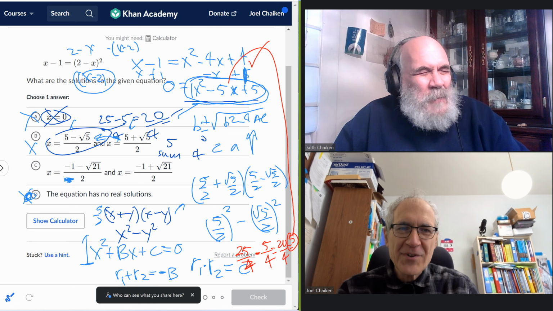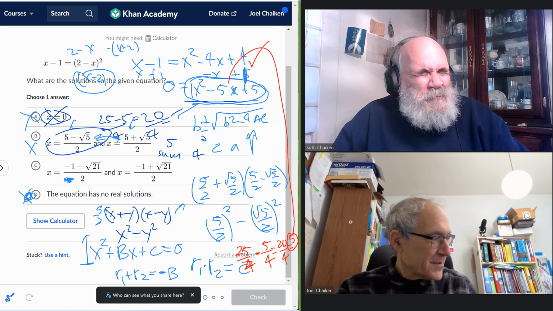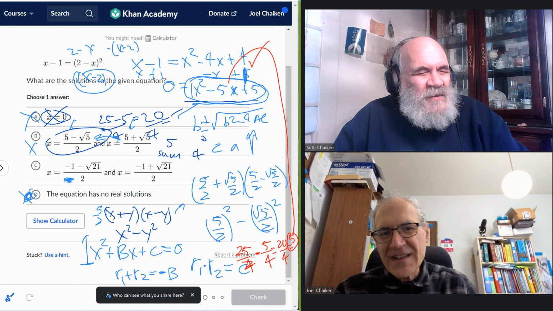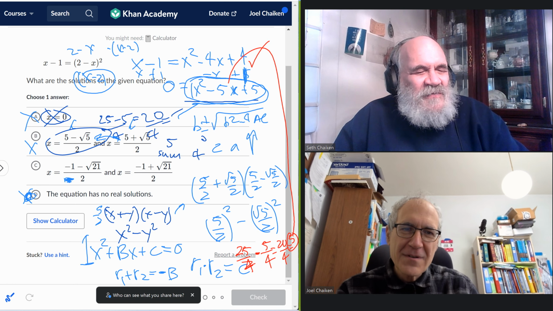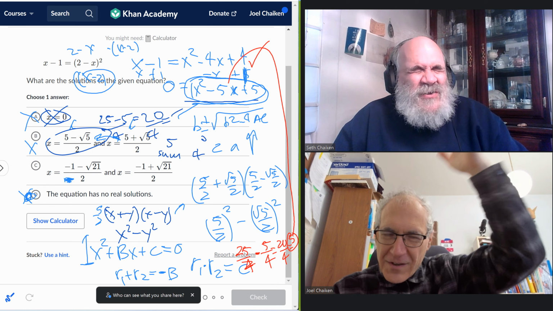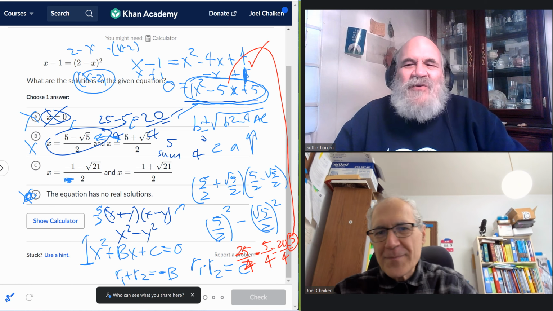Yeah, I think it is a pretty cool thing. There's a name for it. The official name is some kind of symmetric functions. Fundamental symmetric functions. That's if you want to look it up.